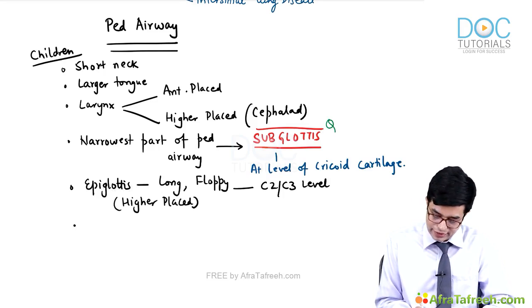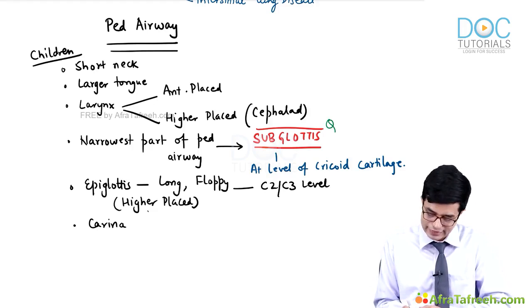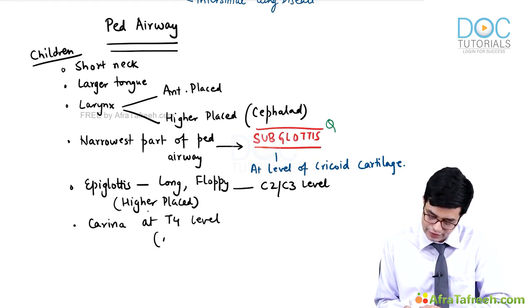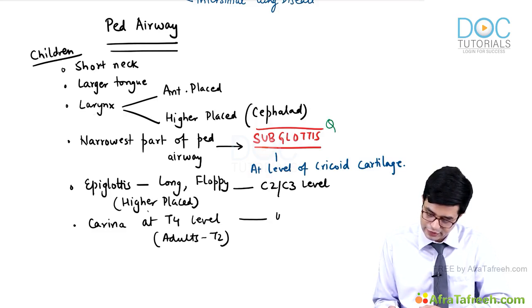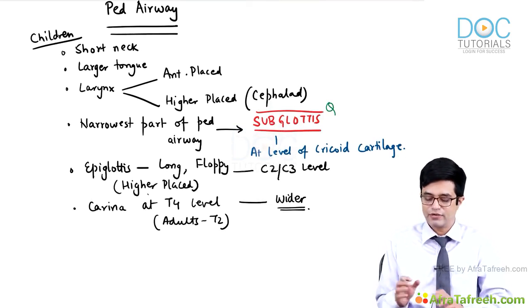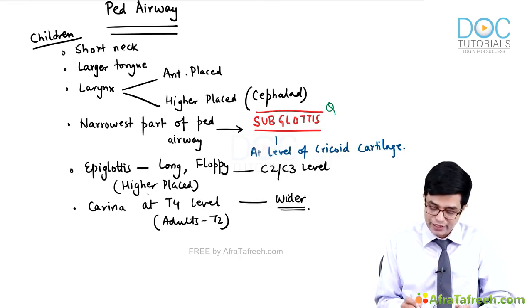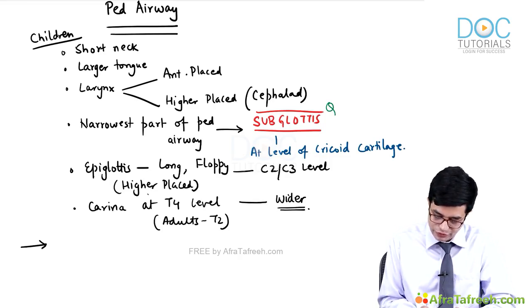In children, the carina, the branching of the bronchus into two parts, is present at the level of T4, whereas in adults, it is present at the level of T2. And the carina is wider as compared to that of adults. So these are the features that have been asked in entrance exams, and you need to remember the two important MCQ things related to this.